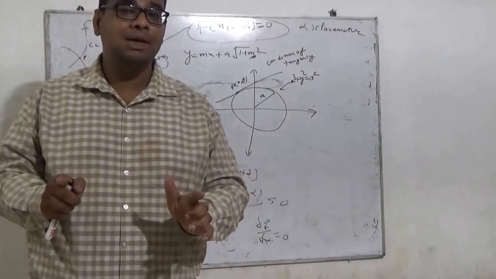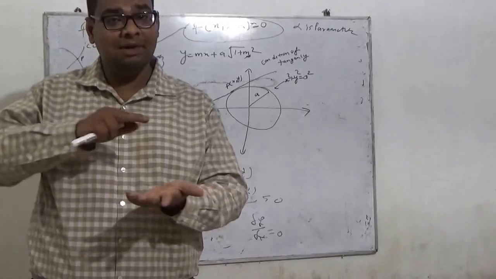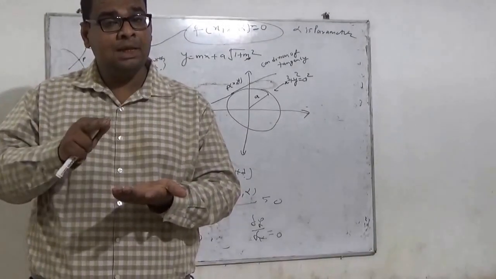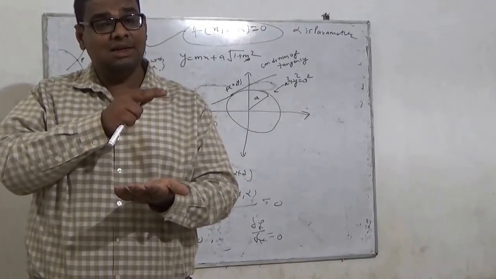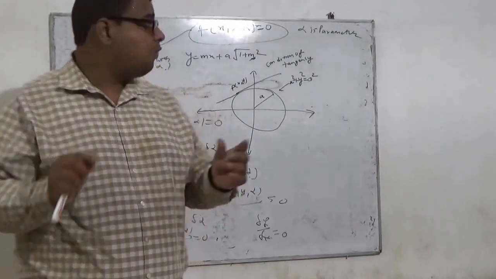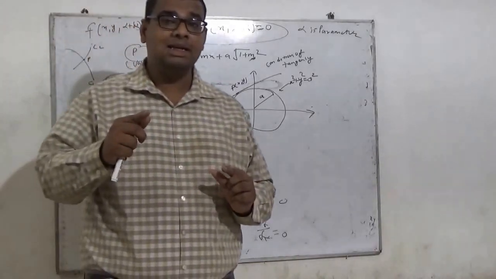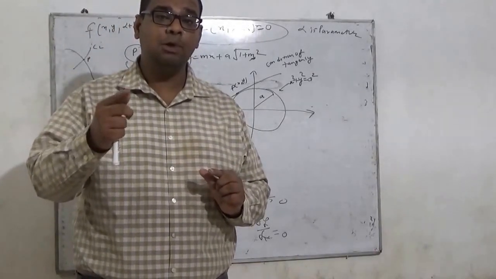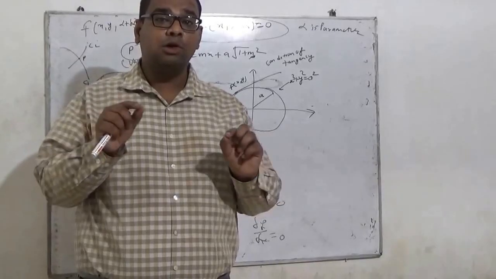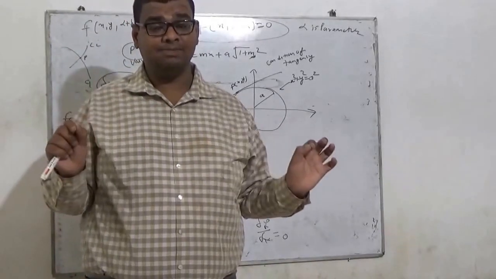Why is m the parameter? For one straight line, m is not a parameter, but if I vary the values of m, then I will get a different equation of the straight line according to the corresponding values of m. For point P1 I will get a different straight line, for P2 a different one, for P3, P4, P5 and so on, for the corresponding m1, m2, m3, m4, m5 and mn.